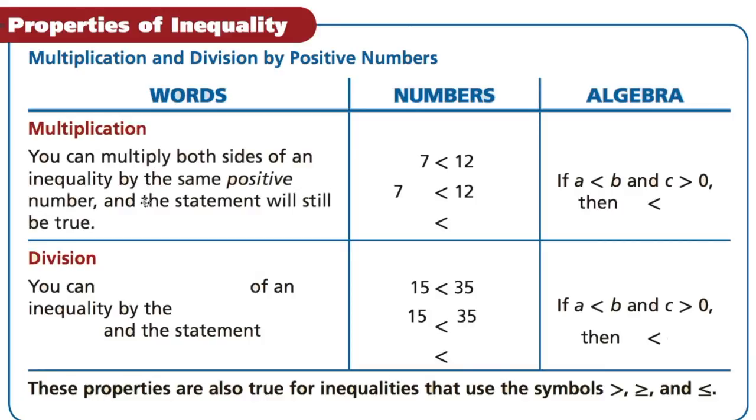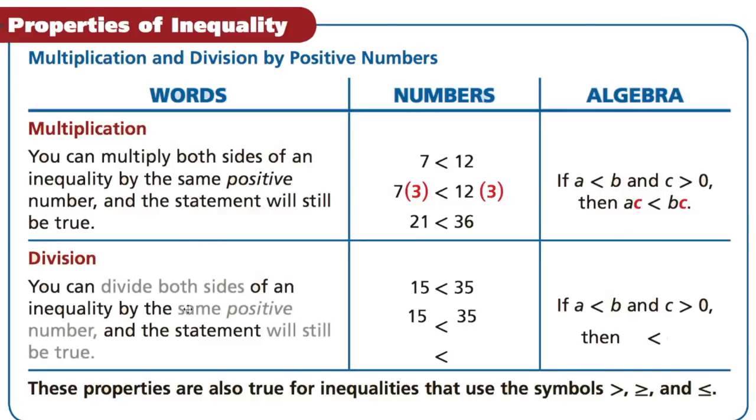So we can multiply both sides of an inequality by the same positive number without changing the truthfulness of the statement. As long as we start with a true statement, something like 7 is less than 12, we can multiply by the same number on both sides and end up with a true statement. To write that algebraically, we would multiply by c on both sides, and ac would be less than bc.